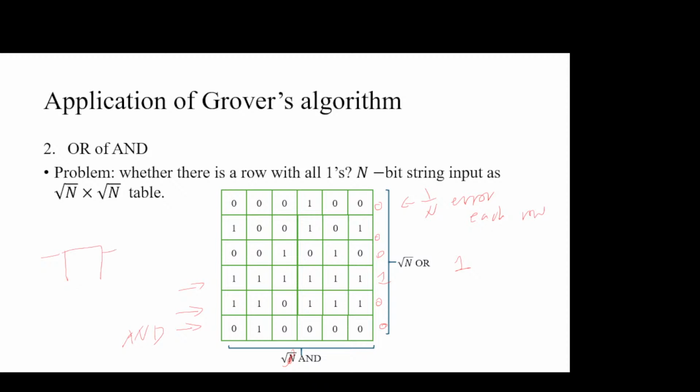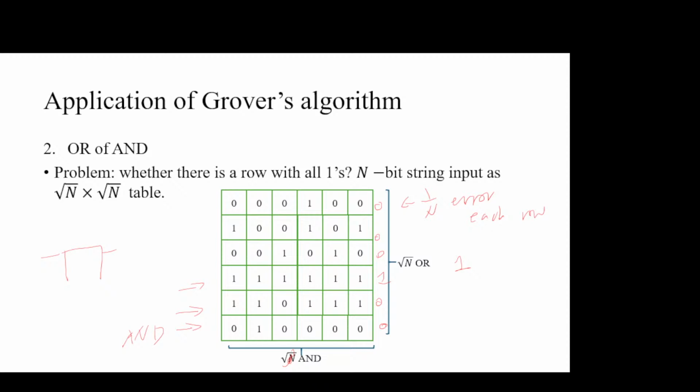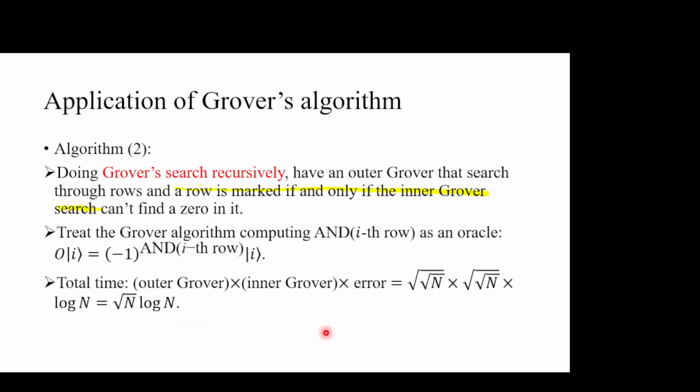So this is the inner Grover search. You look at this quantum algorithm as an oracle, and this oracle gives you 1 if the result of the AND is 1, and 0 if the result of the AND is 0.